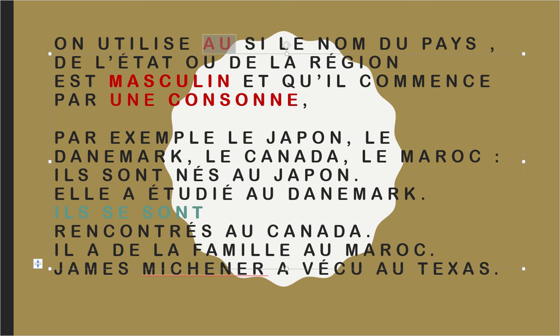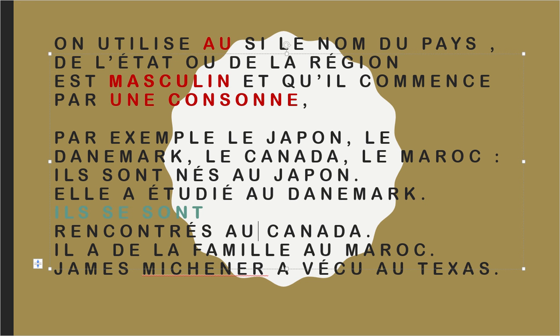See here, I have given you masculine states or countries. So we are using le, and when we use au as "in", ils sont nés au Japon. Here we are using it as "in".